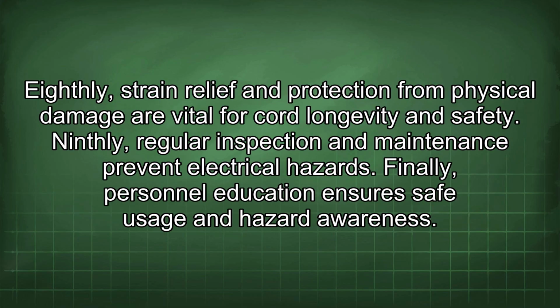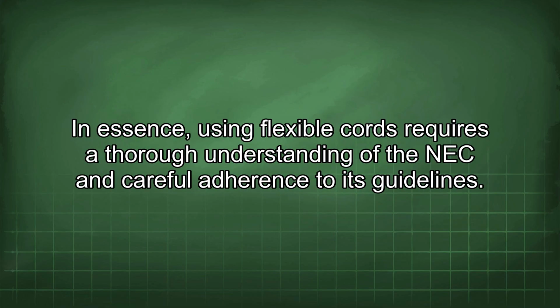Eighthly, strain relief and protection from physical damage are vital for cord longevity and safety. Ninthly, regular inspection and maintenance prevent electrical hazards. Finally, personnel education ensures safe usage and hazard awareness. In essence, using flexible cords requires a thorough understanding of the NEC and careful adherence to its guidelines.